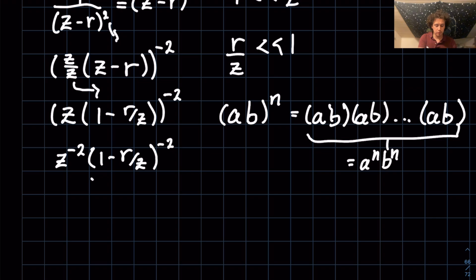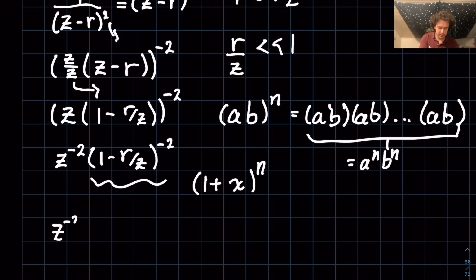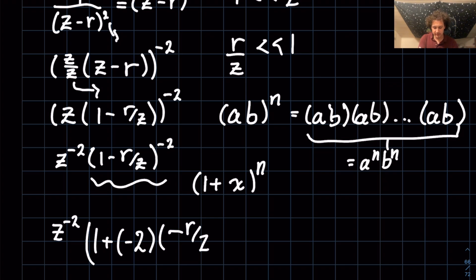Now this has the form right here of 1 plus something very small to an exponent, which is our binomial theorem. And so let's make this, okay, z to the minus 2 times, well, we have 1, and then we have this plus this minus 2 times minus r over z, right?